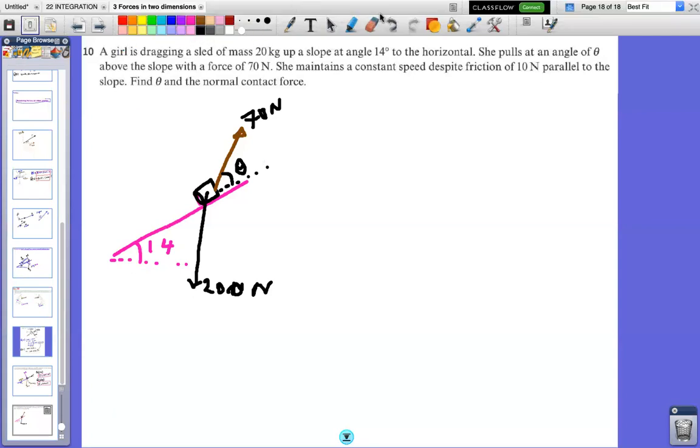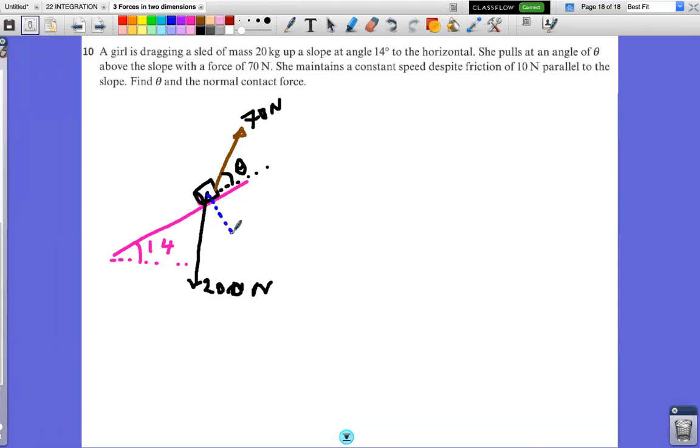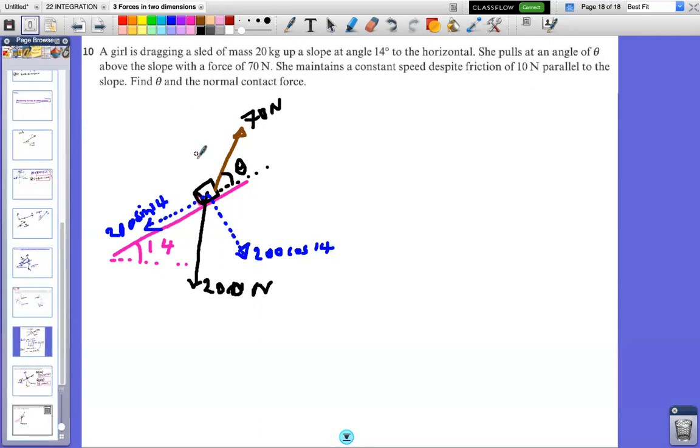So you simply resolve your weight. Your weight will have a component this way, which is 200 cos 14. It will have a component this way, which is 200 sine 14. I left out one force. There is the normal contact force.